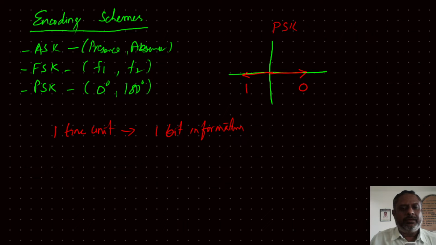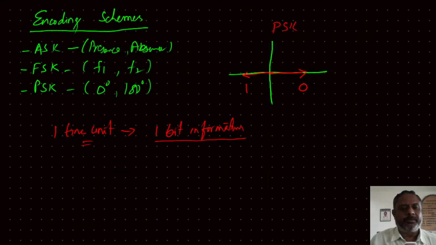If it is FSK, for one period, if you send F1 frequency signal, that means it is 1. If you use F2 frequency signal, then it is 0. Same way for PSK, in 1 unit of time, if you send an in phase signal, it means 1, and out of phase signal may mean 0, or vice versa. Whatever it is, in 1 unit of time we are trying to send 1 bit of information.